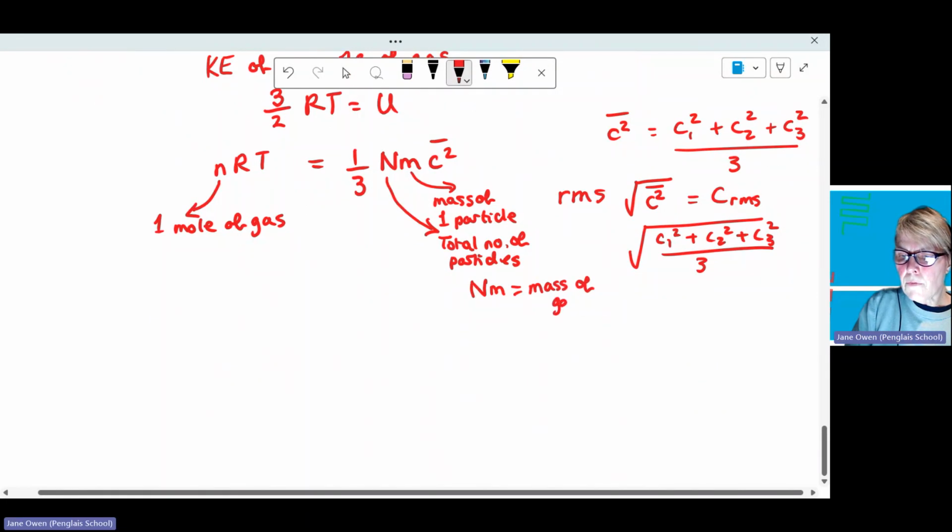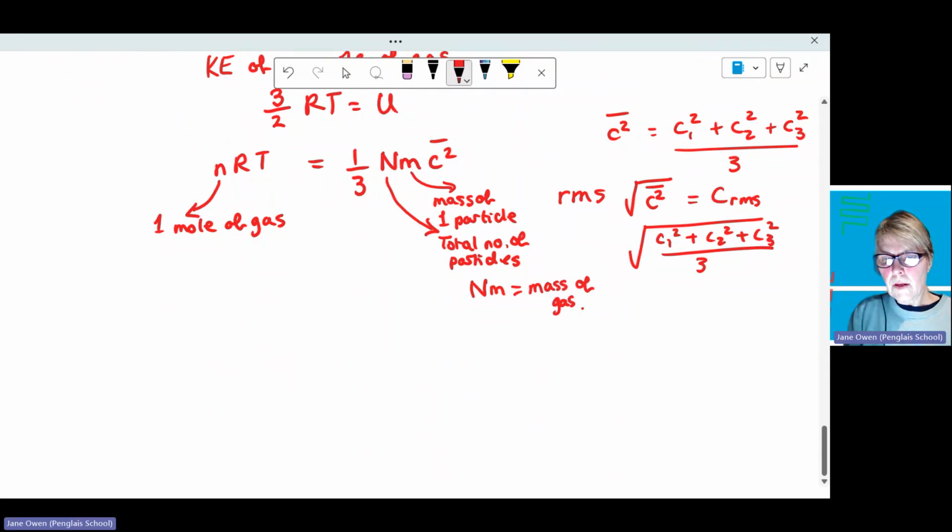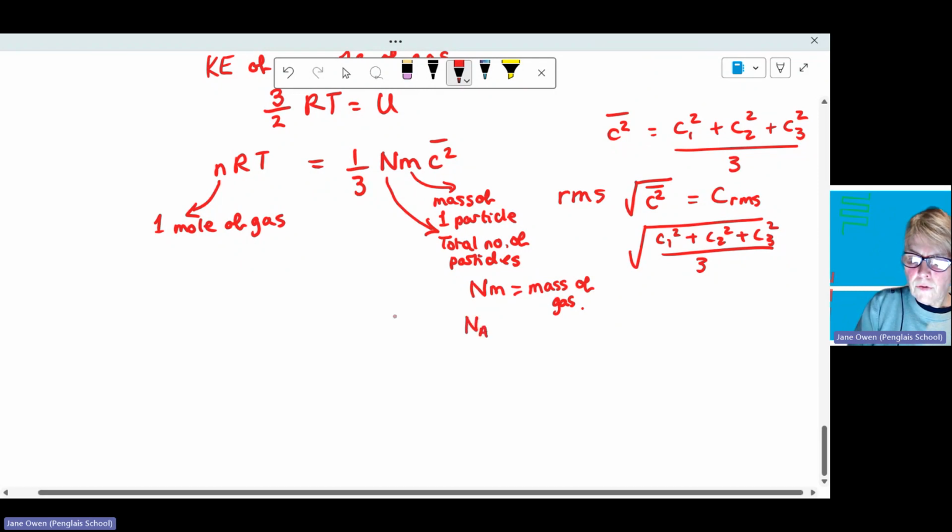But if we have 1 mole, then we've got NA, because 1 mole contains Avogadro's number NA of particles. So NA times m equals the mass of gas.